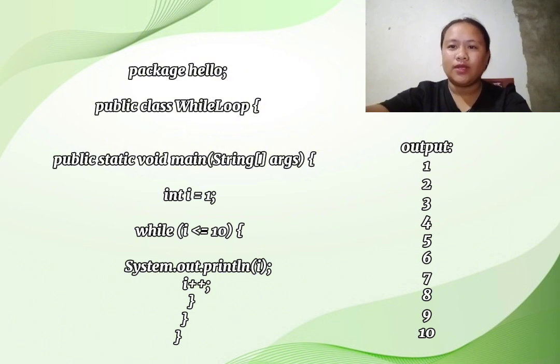And lastly is the iteration. This statement will increment the value of I in each iteration, and after that, I print the value of I and it will display the numbers from 1 to 10 on a separate line. The same as in the for loop. The difference between these two statements is that I use a while loop instead of the for loop.